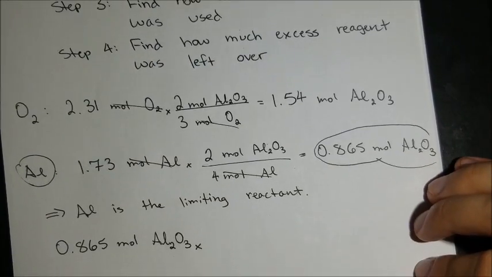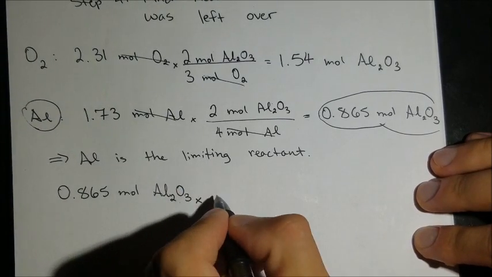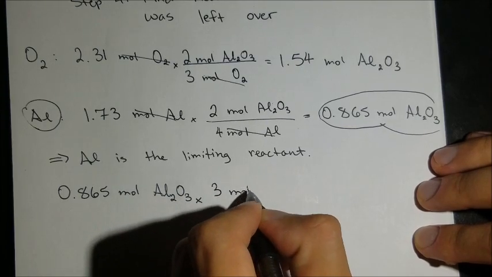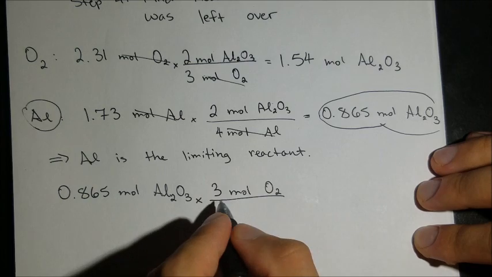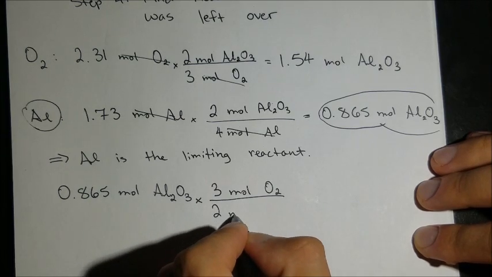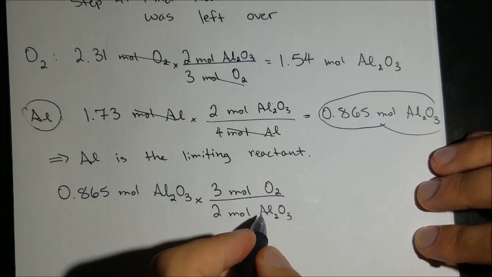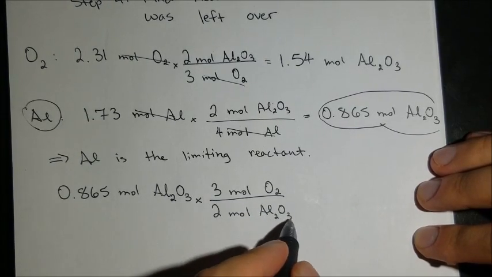So let's come back down here, and we have 3 moles of O2 are consumed when 2 moles of aluminum oxide are made. So you notice now we're going backwards. We're going back to the reactants.